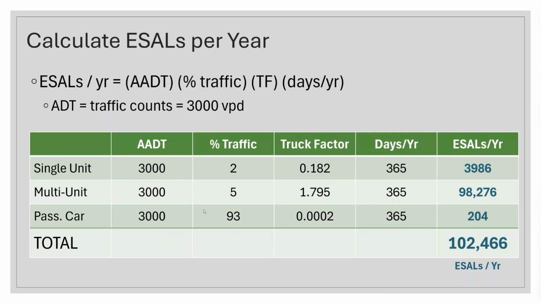And then I went ahead and included the passenger cars, same thing, that was only 204 ESALs per year. So for the entire traffic stream, now I put this all together, add up all three types, and I have a total of 102,466 ESALs per year. And that is based on what I know right now for existing traffic conditions.